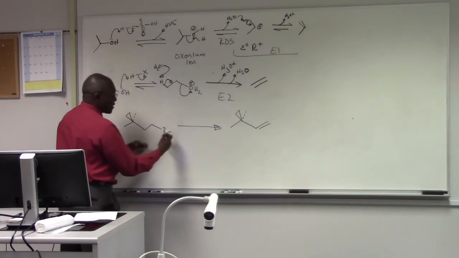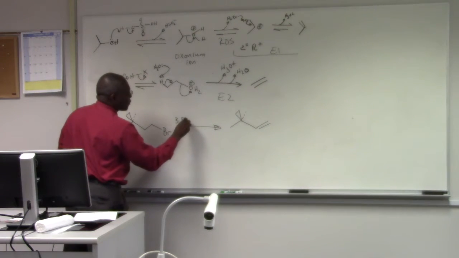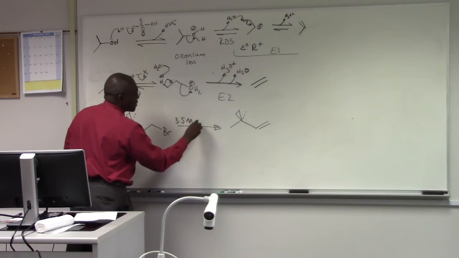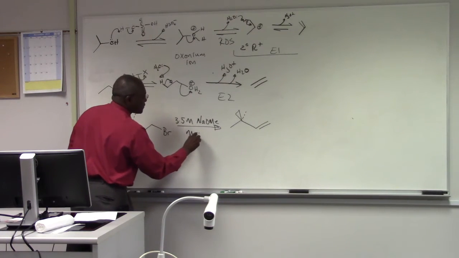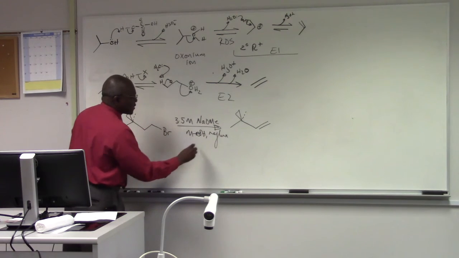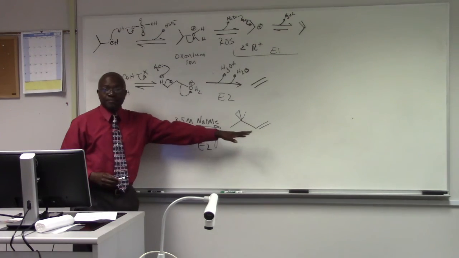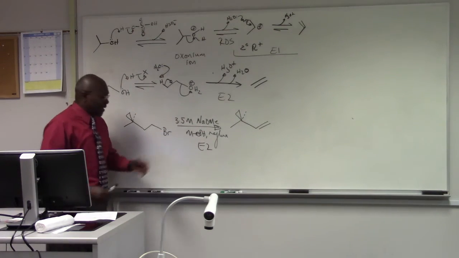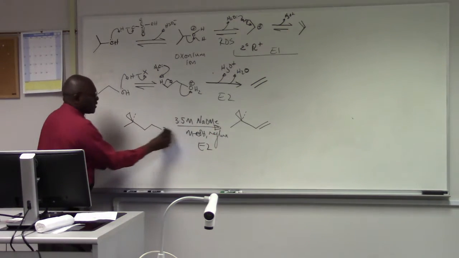And so I'm going to use this under classic E2 conditions. So 3.5 molar, let's say, sodium methoxide in methanol, and I'm going to heat it. So let's just say we do reflux. And those are the classic E2 conditions that will generate the alkene. And of course, in a case like this, there's going to be a conformational change.